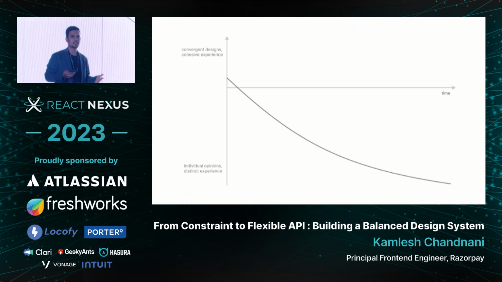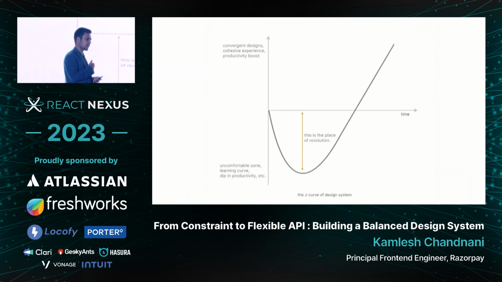As I started with, we had different teams working in different groups. There was no convergence happening in terms of experience or designs, right? The more our team grew over time, we had individual opinions, we had distinct experiences, and it just went on growing.